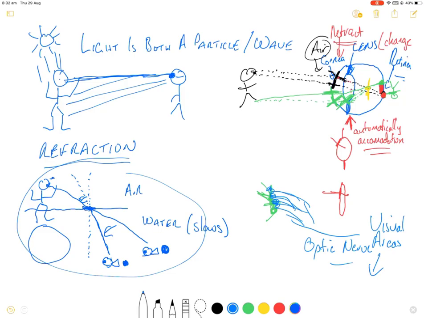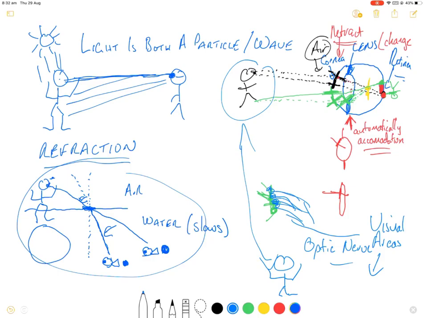What the visual areas of the brain do is process that information, send it to our perception areas, and what we see is the person standing up straight. The image that we see here and here will be the same.